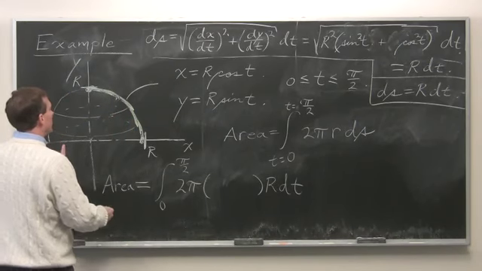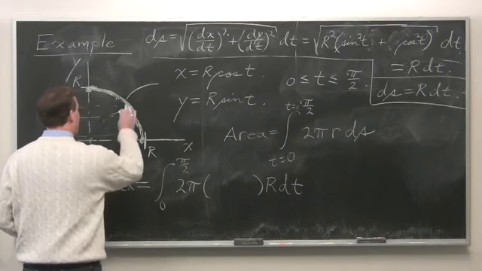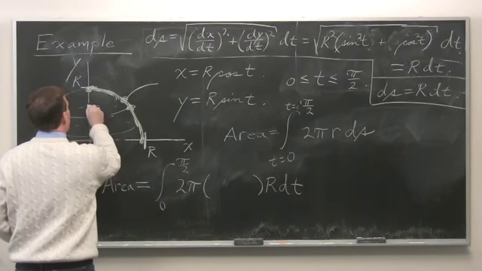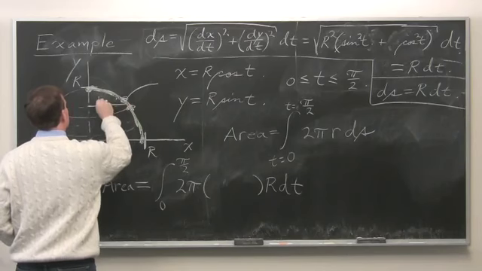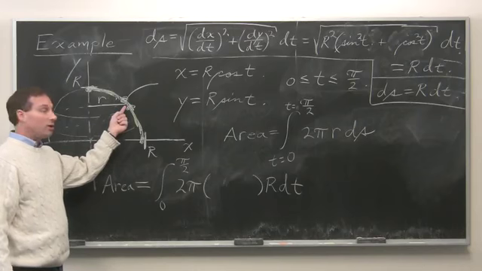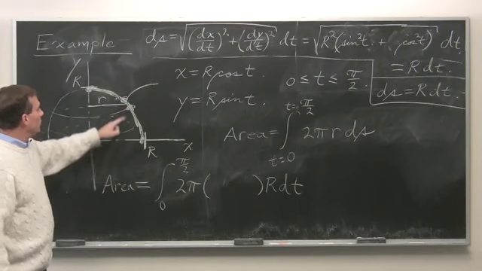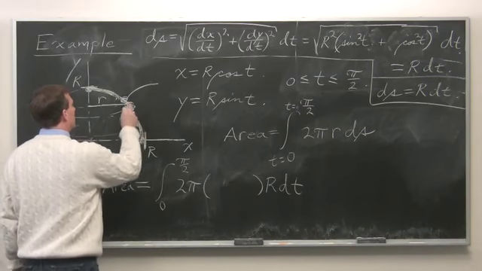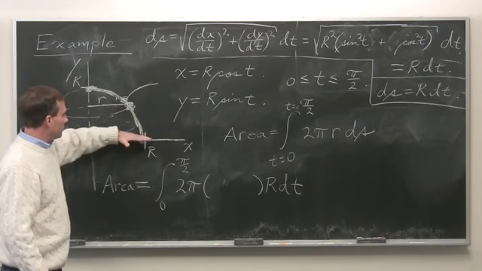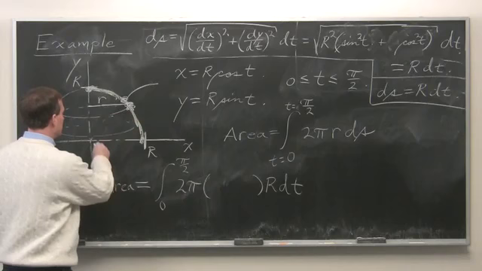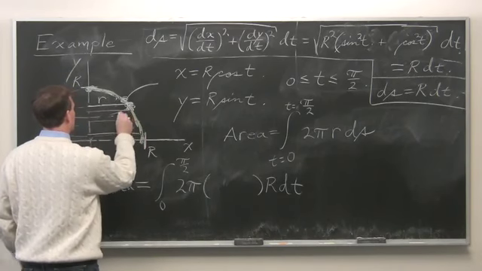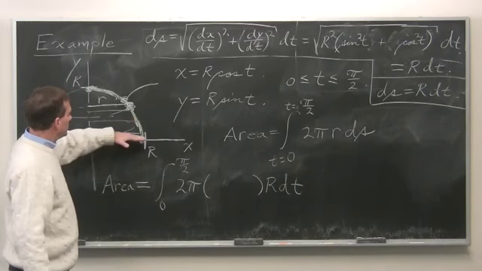No. The radius, remember you're thinking of little chunks of the curve, and the radius in that formula is the distance from the axis that you're rotating around to each little piece of the curve. So the question is, in terms of t, what is this radius at each t value? Like you have one t value down here, another t value. So our r as a function of t is clearly changing as t changes.